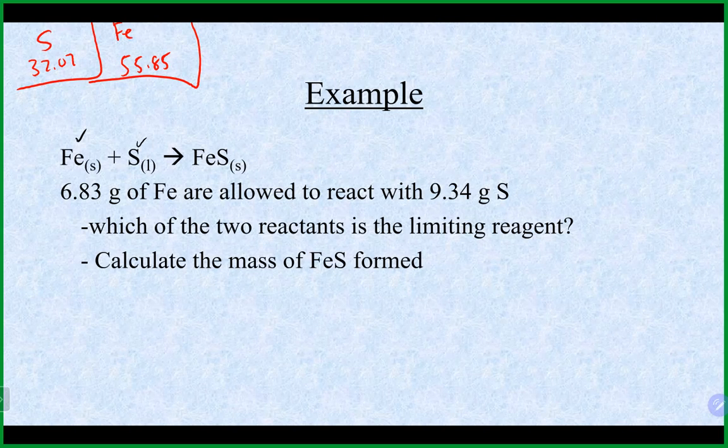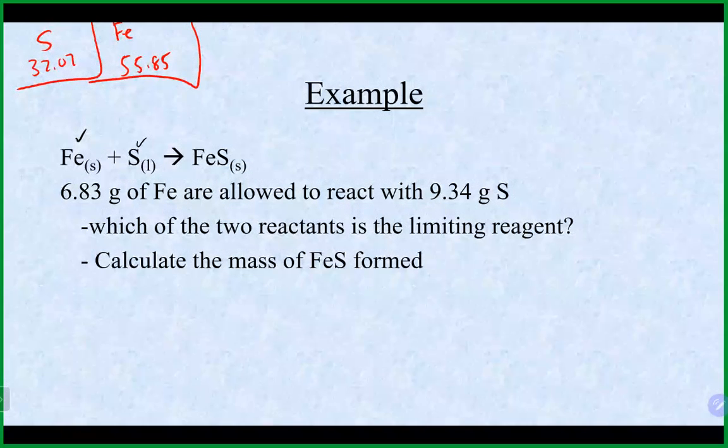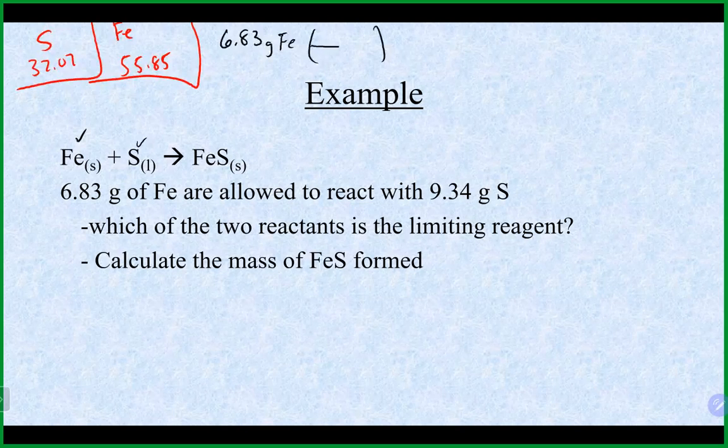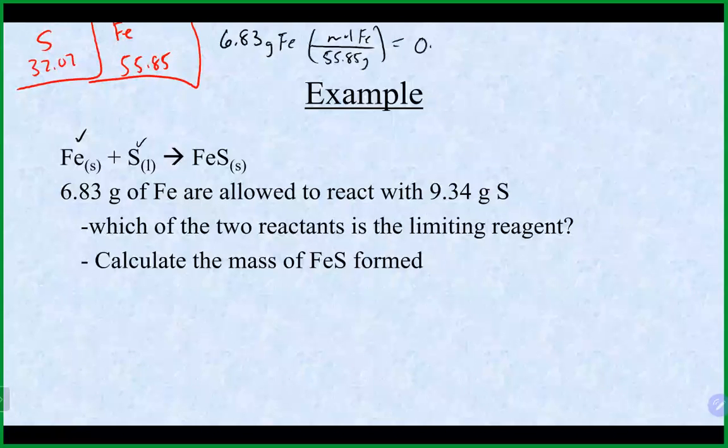Next thing we want to do is convert whatever they gave us into moles, which we do need to do. So we're going to do that for both reagents here. We'll take 6.83 grams of iron using the molar mass from the periodic table of iron, which is 55.85 grams per mole. Gets you 6.83 divided by 55.85, and we'll go with 0.12229.